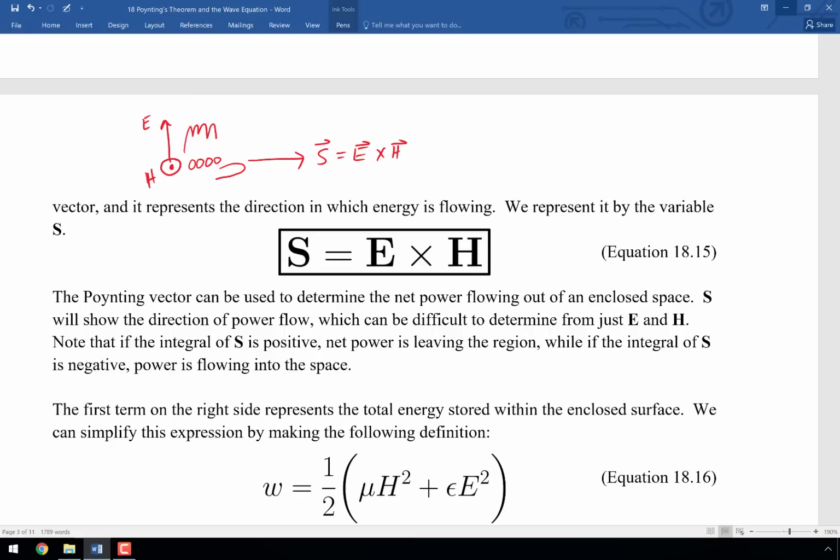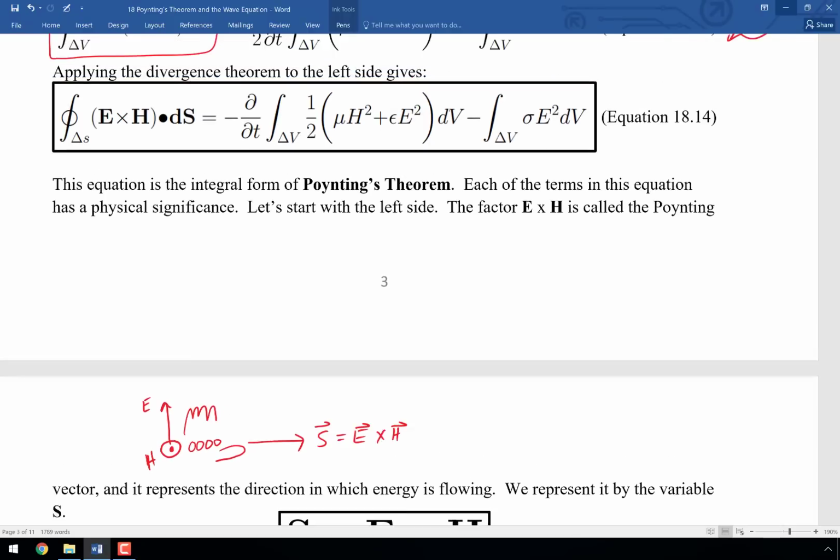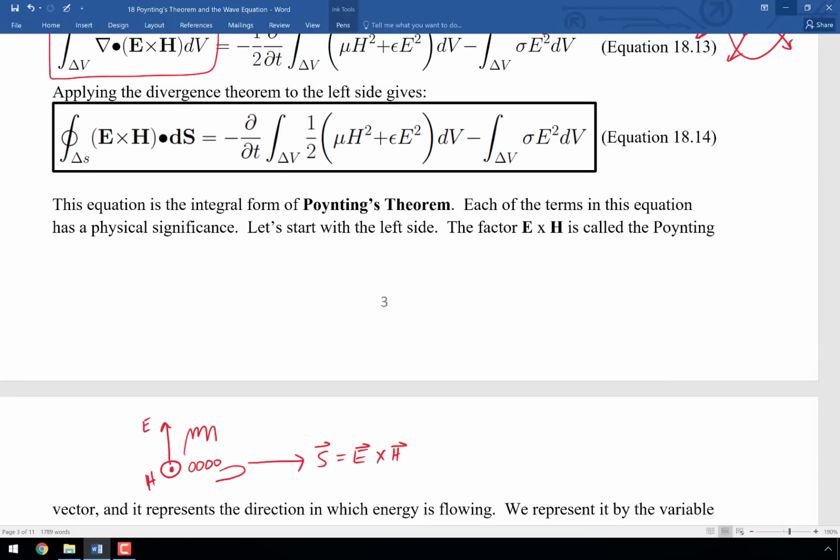It's not. There are some things in this book that are very intuitive, and you're like, yeah, I got it. That didn't really add a lot to my life. There are other things that are like a mystery of the universe, and this is one of those. That if you take E cross H, it is the direction of power flow. So let me just take a minute and come back up here to Poynting's theorem and say we're taking a surface integral of vectors that represent power flow.